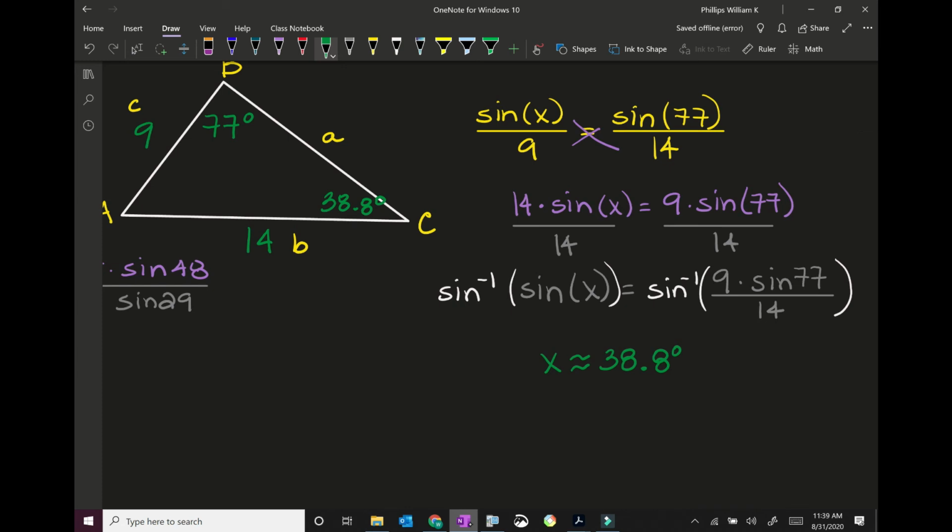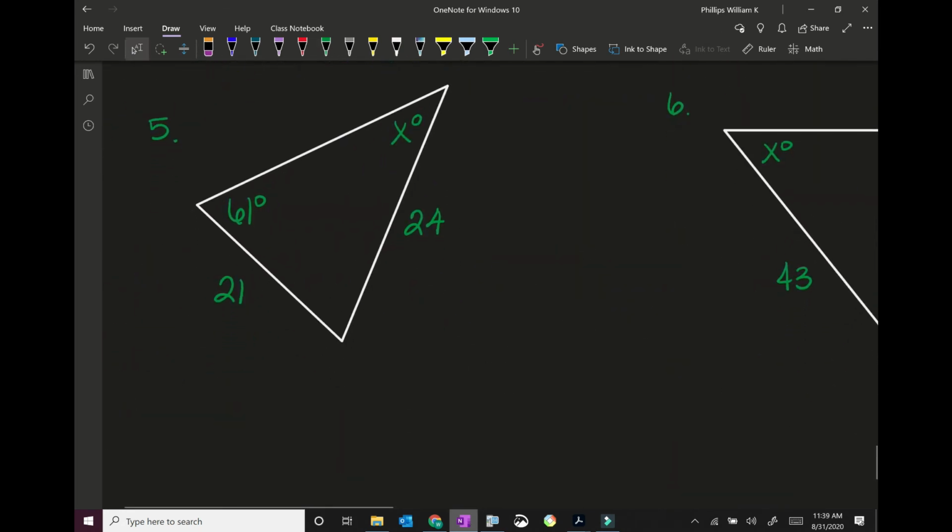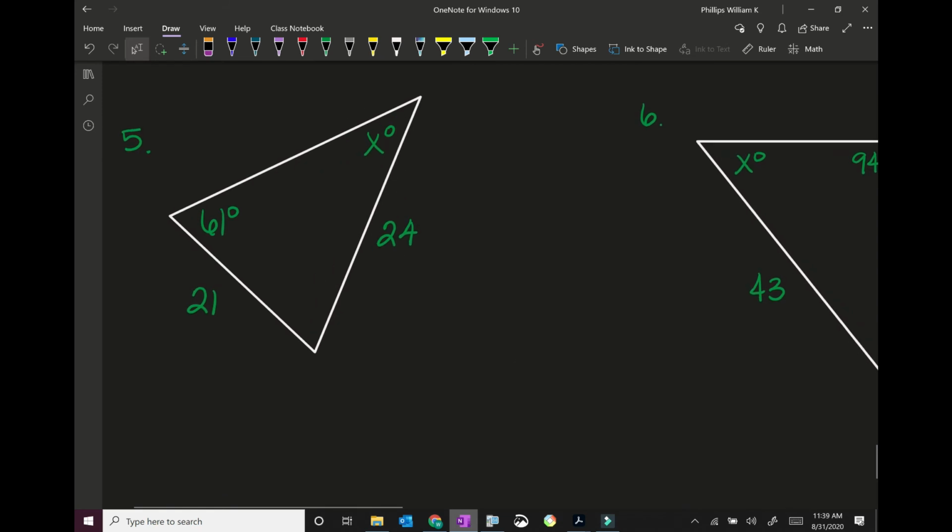So that's when we're solving for an angle. We'll do 2 more examples solving for angles. So we can go ahead and label our sides. There's A, B, C. Across from angle A is leg A, leg B, leg C. So here, this is already set up quite nicely for us.